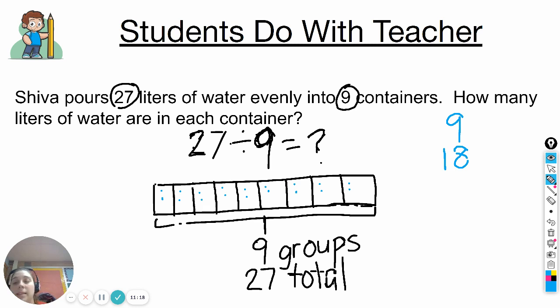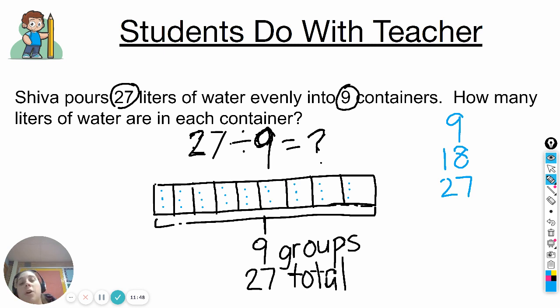We're at 18. Next is 19, 20, 21, 22, 23, 24, 25, 26, 27. Now we've given away all 27 liters of water. They're split evenly into the 9 containers.